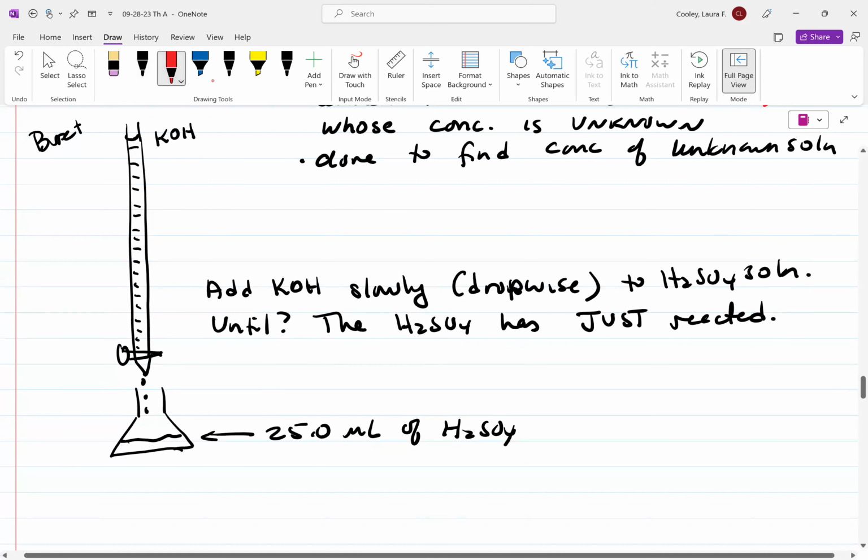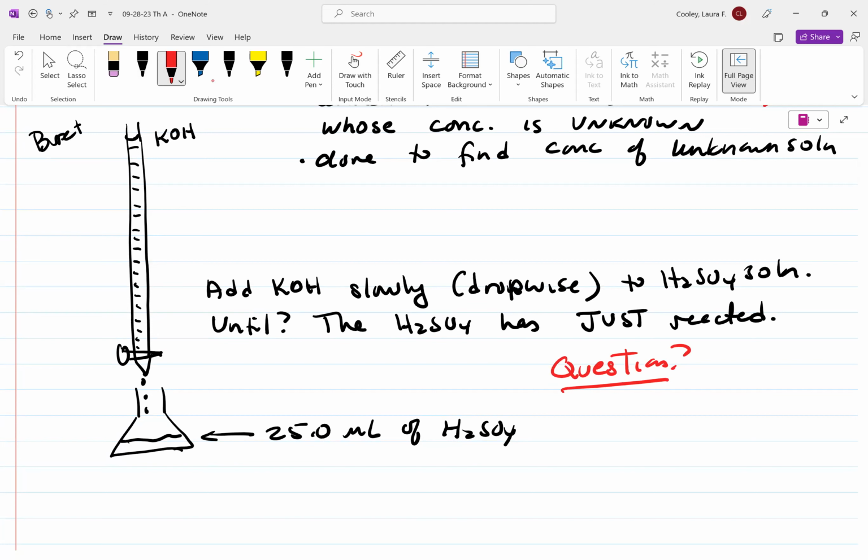So what's the question that you might want to ask here? KOH is a clear solution. H2SO4 in water is a clear solution. You add two clear solutions together, it's a clear solution. In this case, the products are all clear. Water is clear. So what's the question here that you should be asking? Yes. Say that again.